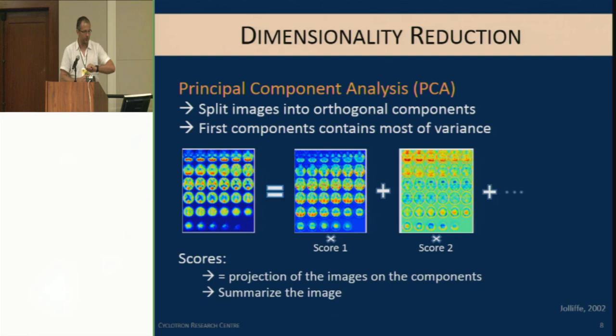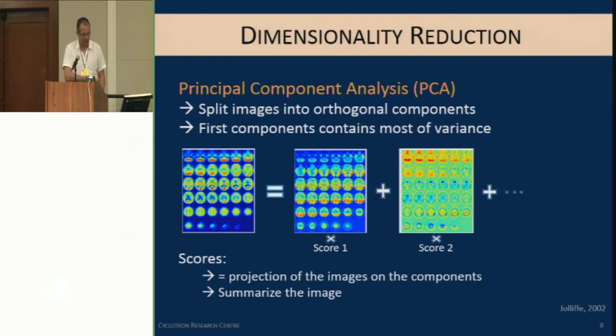We stick to quite standard approaches, and we tried a few of them. The most obvious would be using principal component analysis. So the idea is, on the left is your original image.